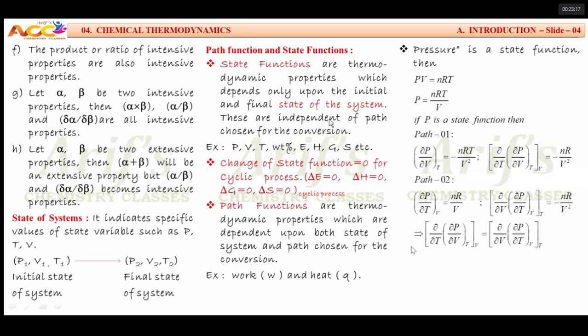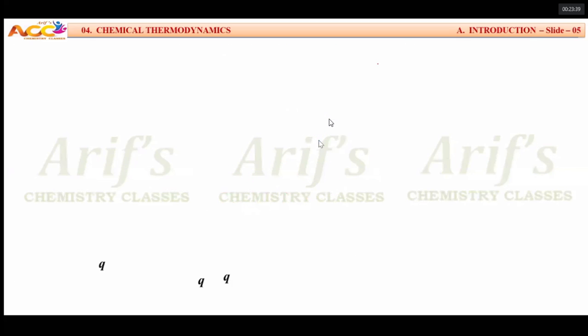Come on. Once you understand the path function and state function, then how to proceed for the next? See carefully. It is the condition for a thermodynamic property to be a state function. What is the condition? If you are changing path, you are not going to have any change in the numerical value. Now come to the other aspect.